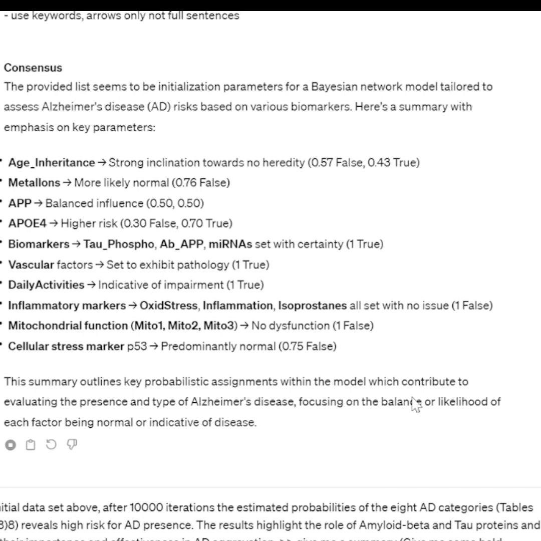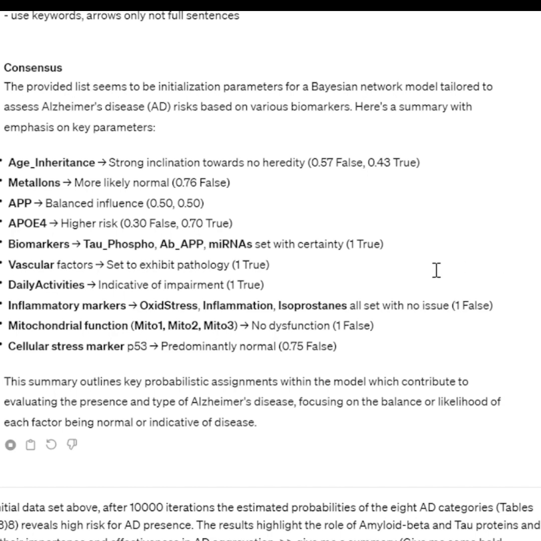Biomarkers tau, phospho-tau, Aβ, EPI, miRNA set with certainty, 1 true. Vascular factors set to exhibit pathology, 1 true. Daily activities indicative of impairment, 1 true. Inflammatory markers, oxidative stress, inflammation, isoprostanes all set with no issue, 1 false. Mitochondrial function, mito1, mito2, mito3, no dysfunction, 1 false.